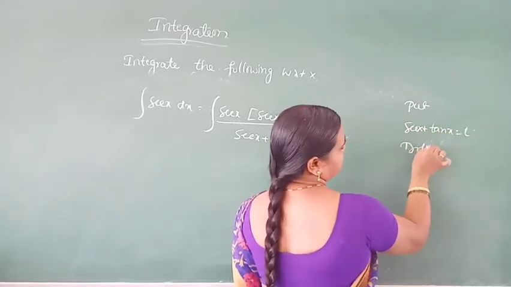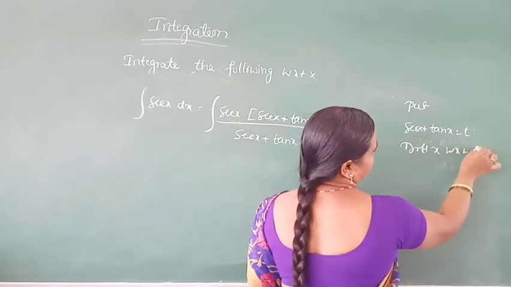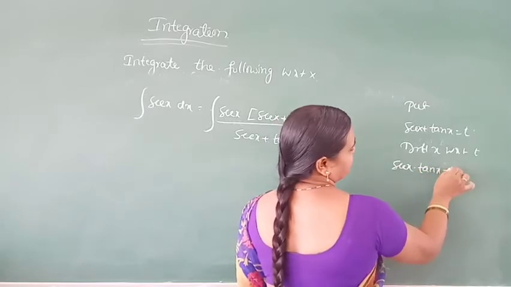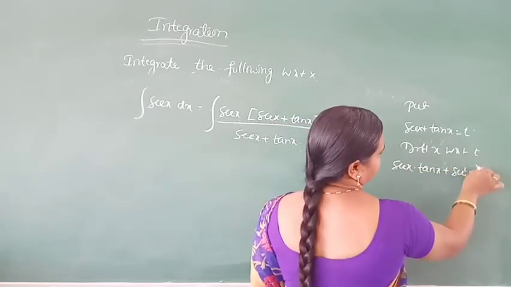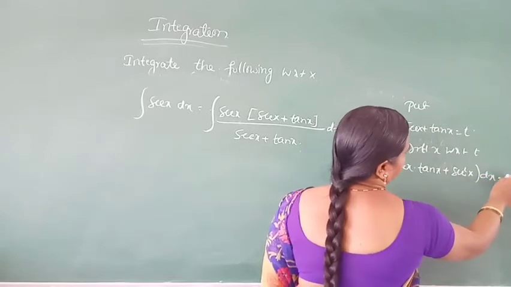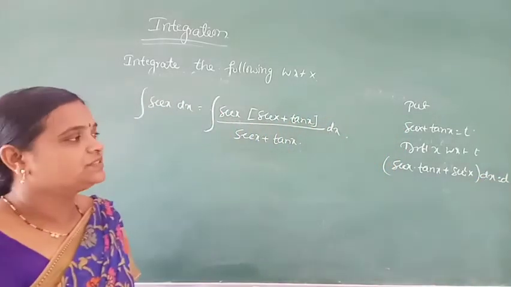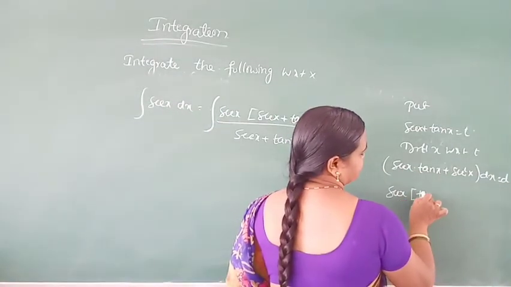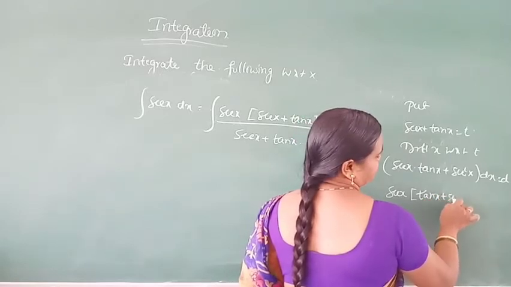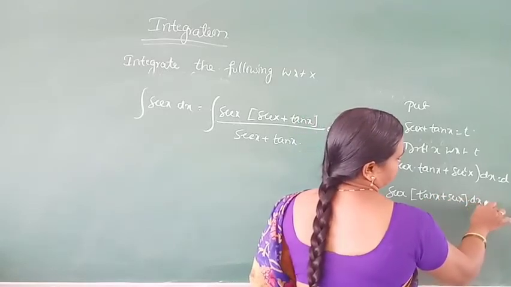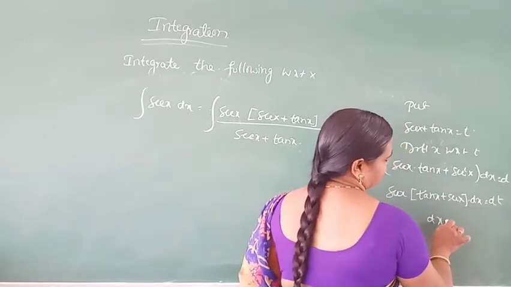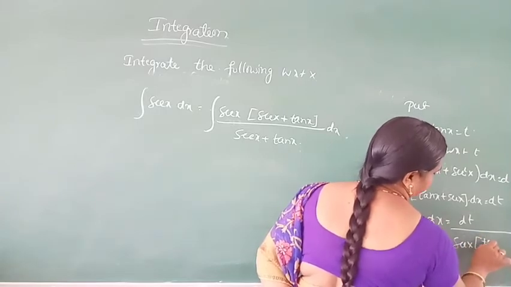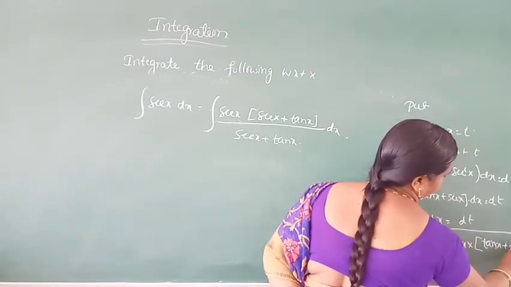Then do the differentiation. Differentiate x with respect to t. Sec x differentiation is sec x tan x and tan x differentiation is sec square x, dx is dt. Okay. Then which one is common here? Sec x. Sec x we will get, it is tan x plus sec x into dx is dt, or dx is dt by sec x tan x plus sec x.